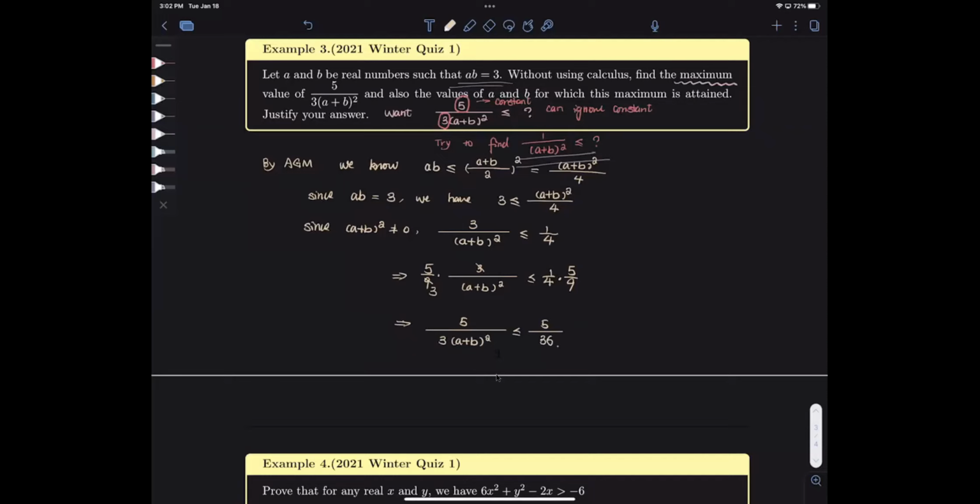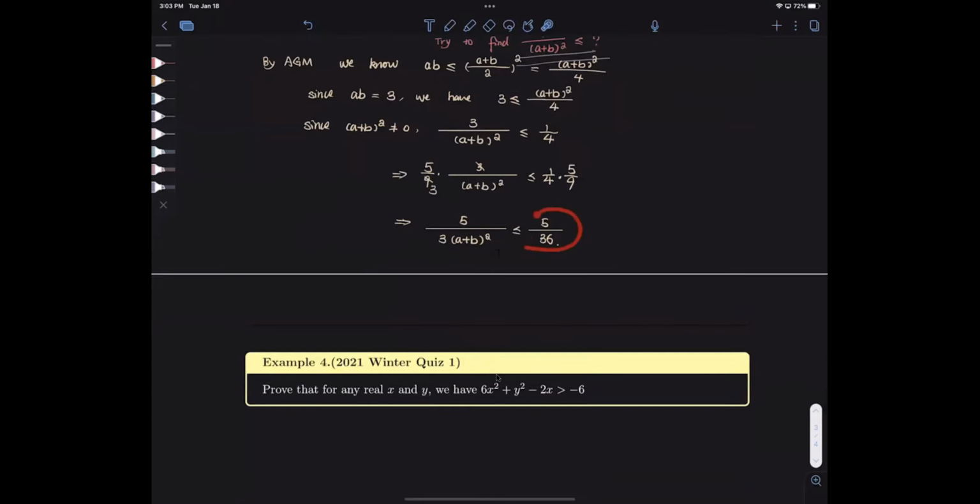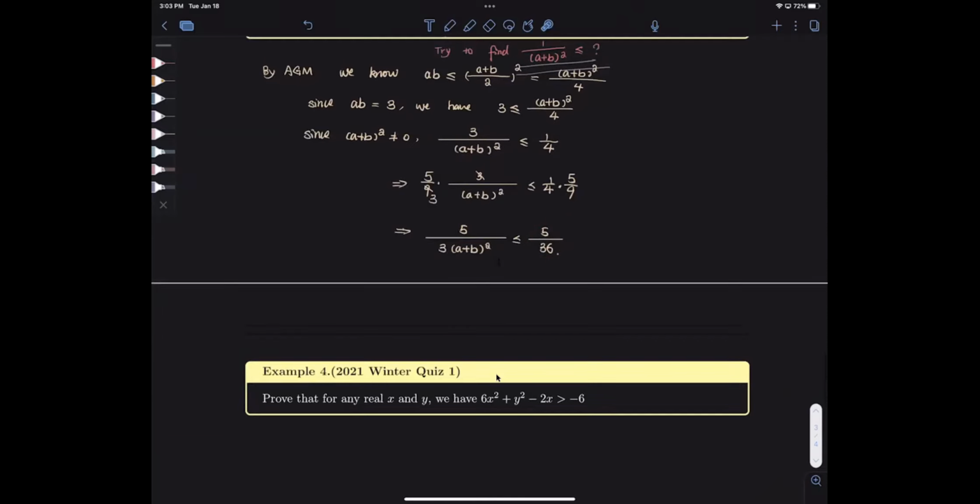Do we have a question? Is this clear? How I got here? How is that the maximum value? We'll get there. Now, we're definitely not done. Why? This is not the maximum value. What is this? This is an upper bound.